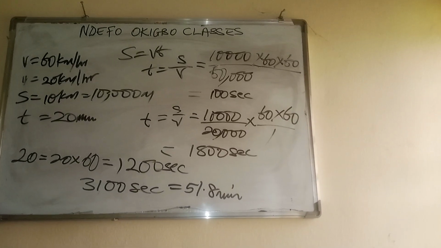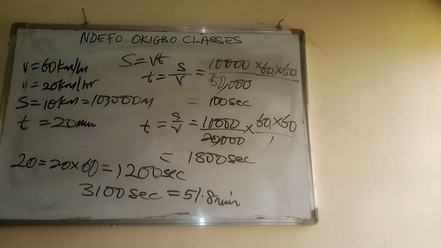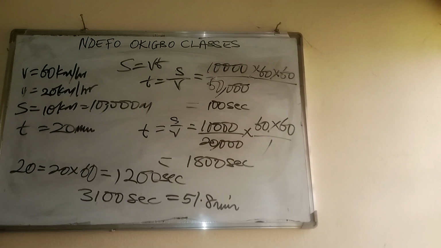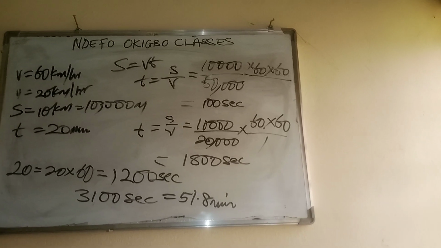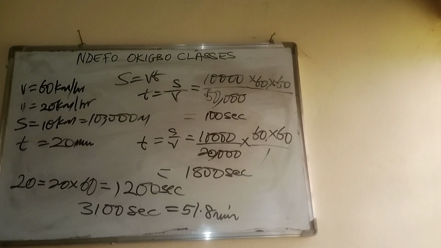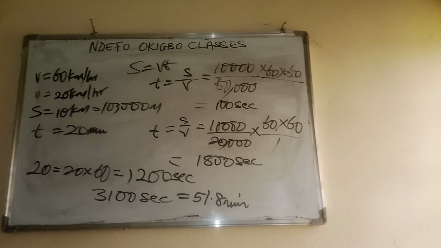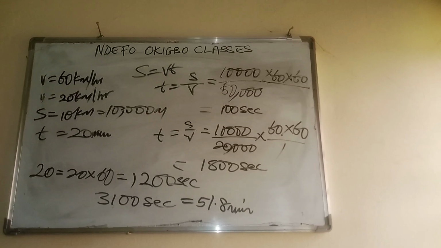The distance from the borrow pit to the site is 10 kilometers, and the time for loading and offloading of the sand is 20 minutes. What is the total time for the operation?